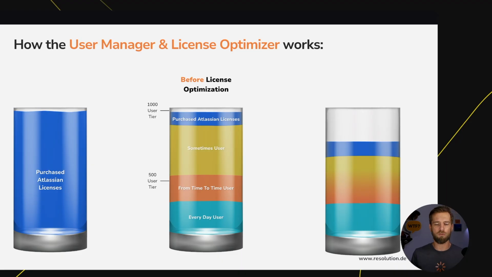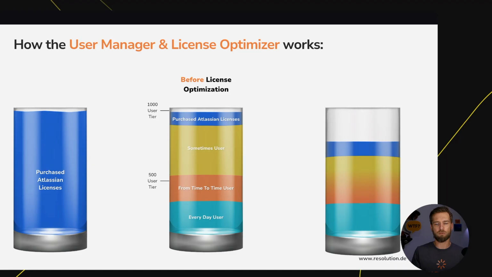You have everyday users on the bottom, and then user groups like from-time-to-time users or sometimes users, and then maybe a little buffer for other, upcoming users. The challenge is that you pay for a lot of users who are not using the app, and this is expensive. And here is a way to optimize this.